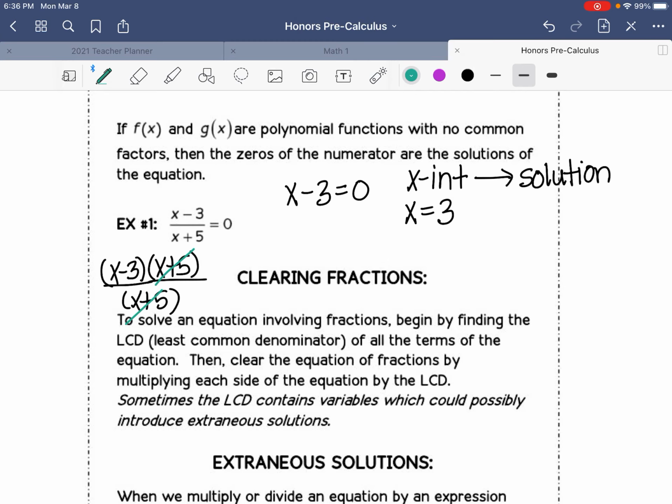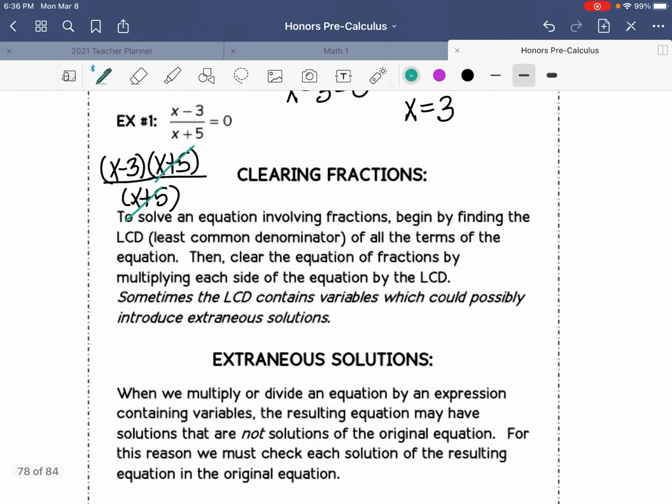Okay. Now, we're going to actually learn how to do some big equations with rational functions. So we're going to learn how to find the least common denominator. The reason we have to find that is because we can't add or subtract fractions unless they have the same denominator. They have to have the same whole.